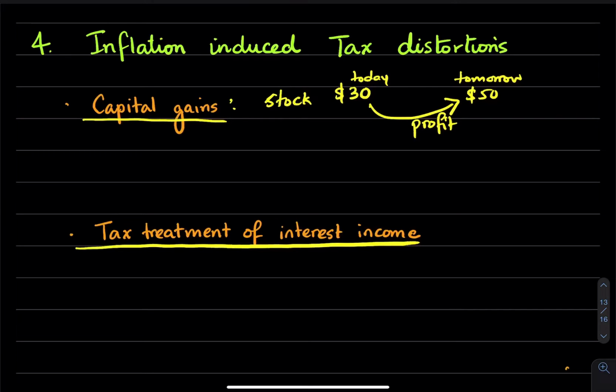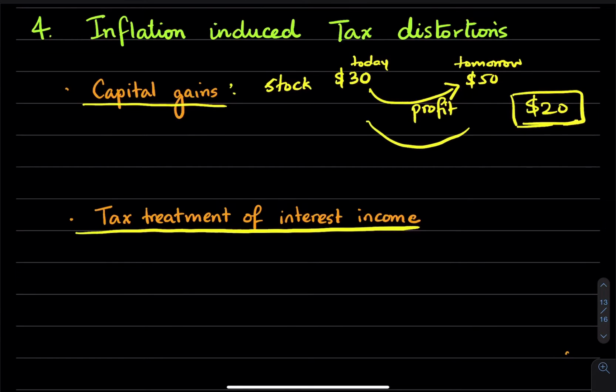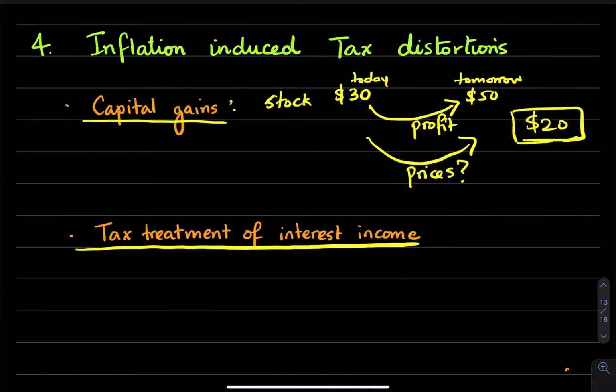And so what matters is not just that you made $20 when you sold the stock, but what also matters is what is going on with prices between today and tomorrow. Okay.